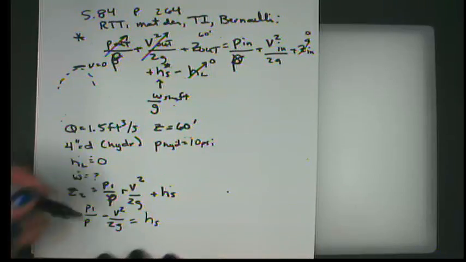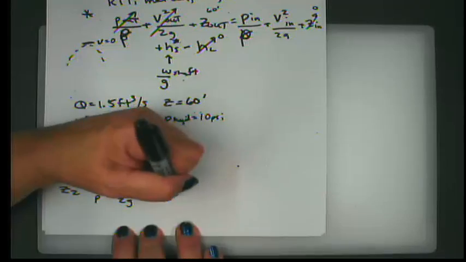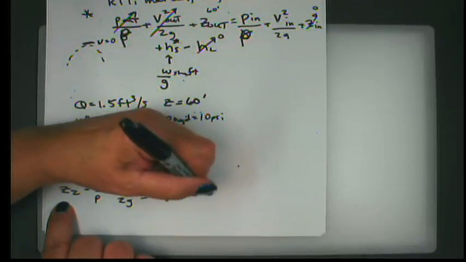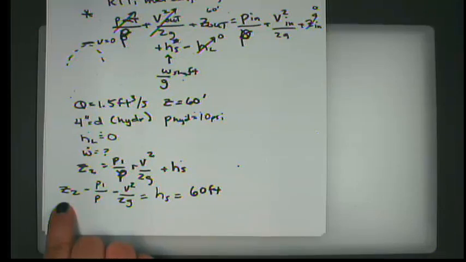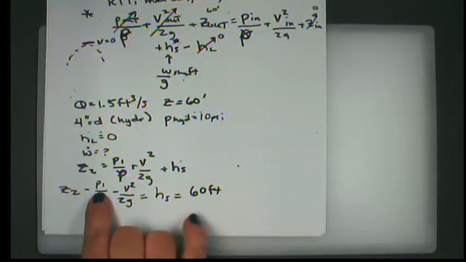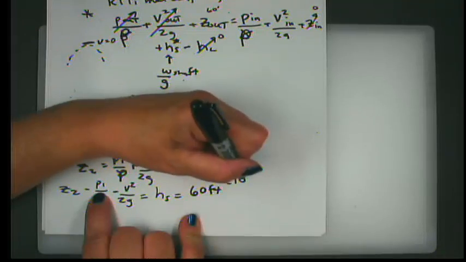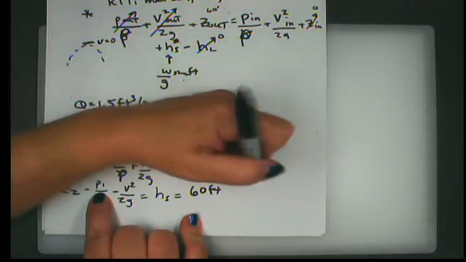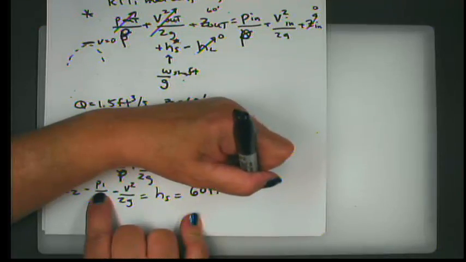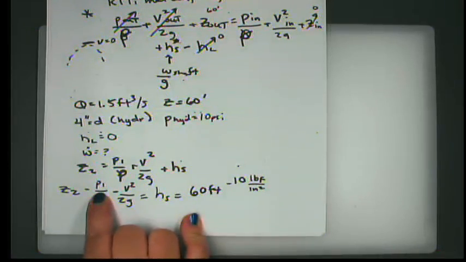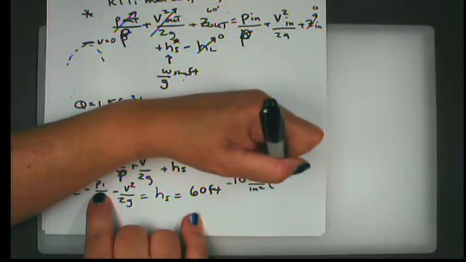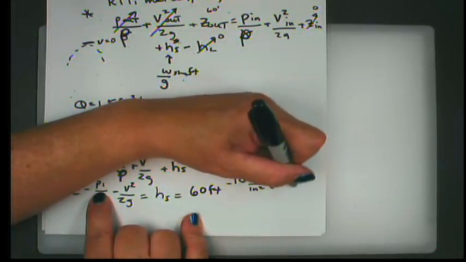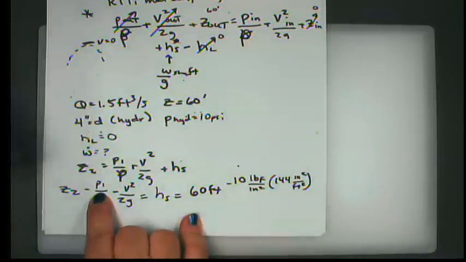All right, so if we write that equation, then we know that Z2 is equal to 60 feet. We know that our pressure at the pump is 10 psi, which is pound of force per inch squared. So we're obviously going to have to do a conversion with that. There's 144 inches squared per feet squared, right?